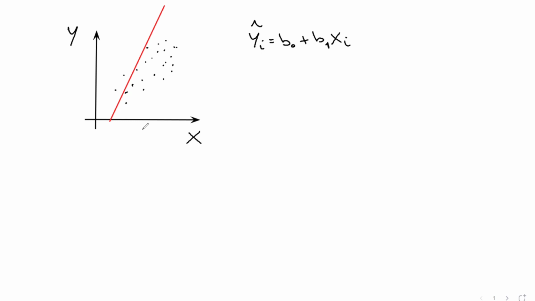Take, for example, anyone to the right of this dotted line. For all of these people, given their x, I'm predicting that they should have much higher y than they actually have. Now, this line should be improved. Again, for all high values of x, I am systematically over predicting. I am saying that these people should have more y than they actually have. So can I tweak this line a little bit?